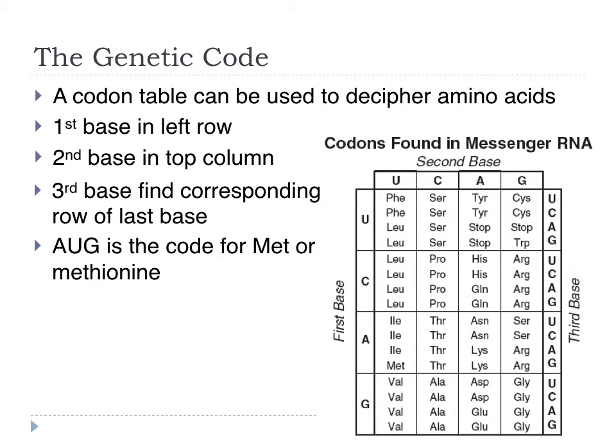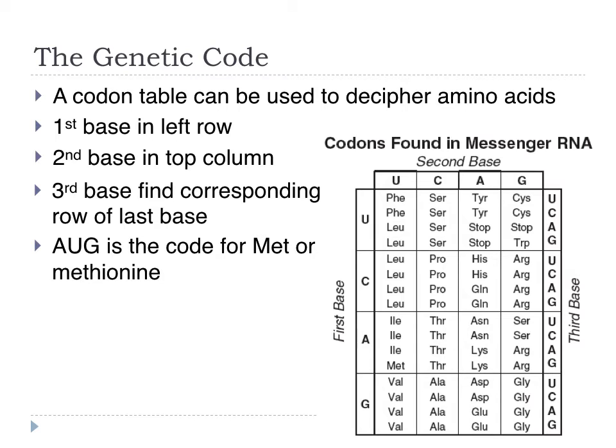You may also see a codon table. This is read in a very similar way, sort of. You start with the first base on the left row, then you move up to the column for the second base on the top, and then for the third base you move over to the right-hand row.